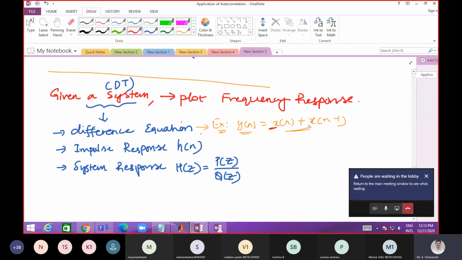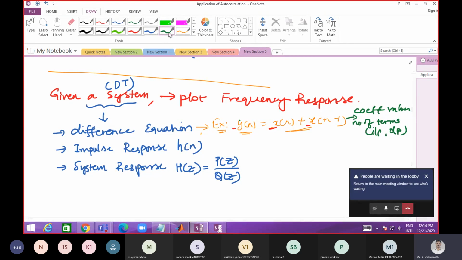The coefficients can vary, and the number of terms, that is the input terms and output terms, can vary. In this example there is one output term and two input terms.